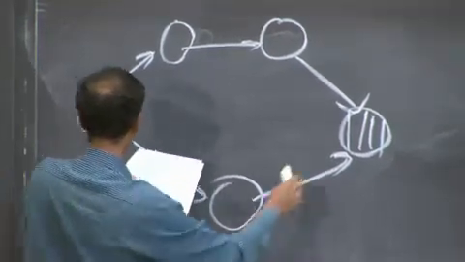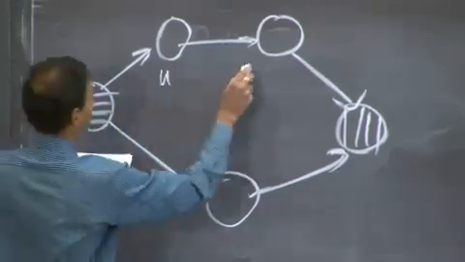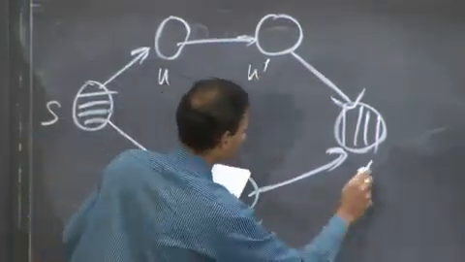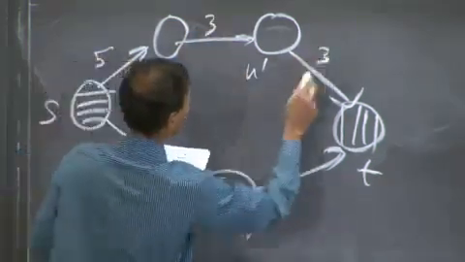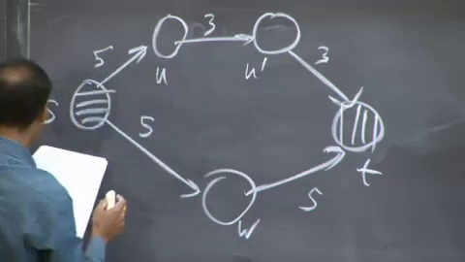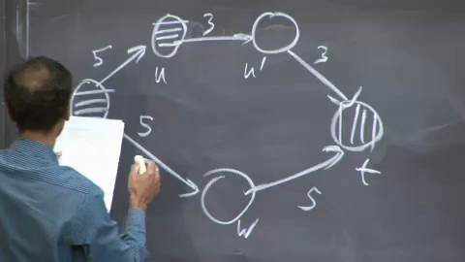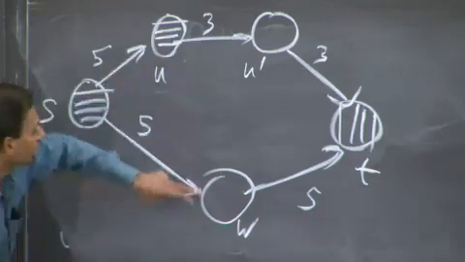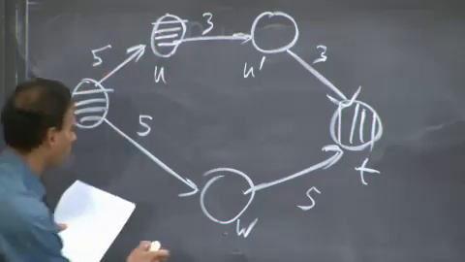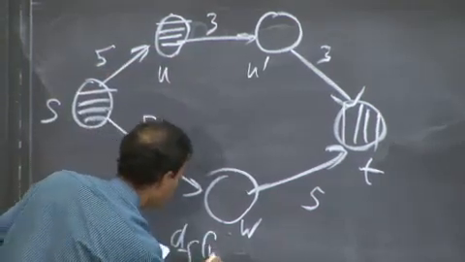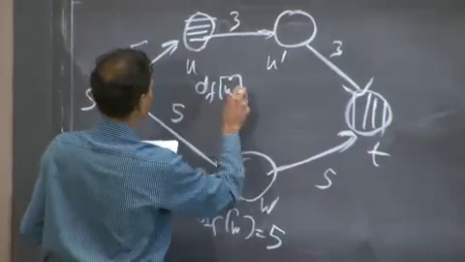That's just hashed that way, just to make sure. This is S, U, U prime, W, T. What I have now is I'm going to process this vertex in the forward search, because I have a choice in the forward search to pick either W or U. W clearly has lower priority, because dF of W equals 5 and dF of U equals 3.